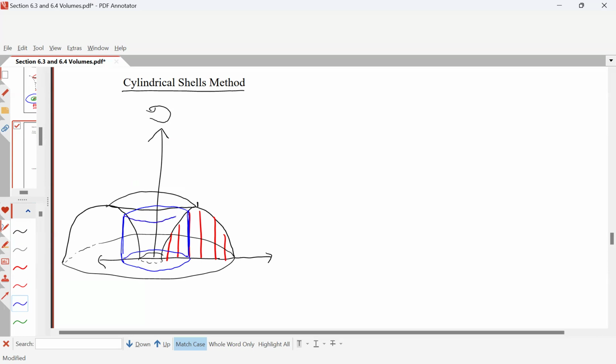So looking closely in at just that blue part, which I'll erase to clean up this picture a little bit, it is creating a cylinder shape. Like if you took a piece of paper and rolled it up into a cylinder.